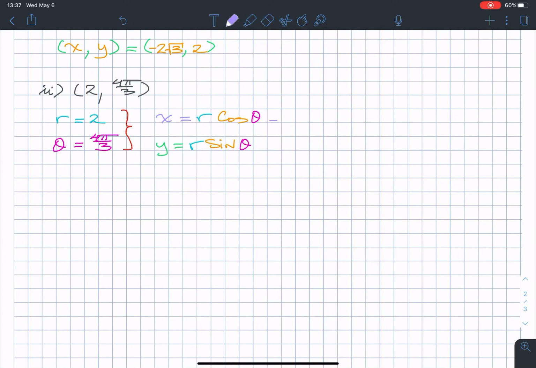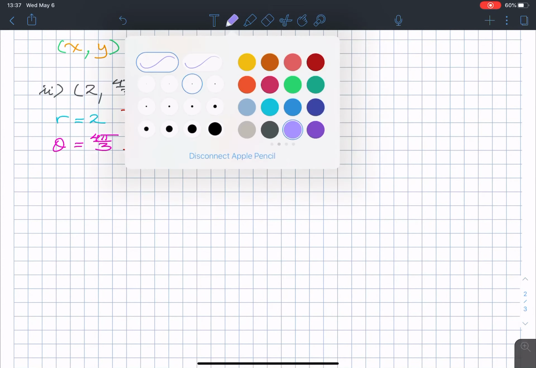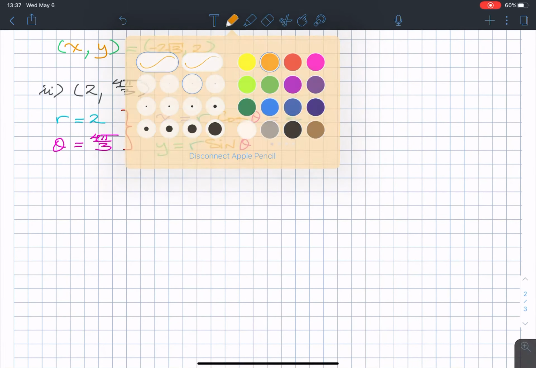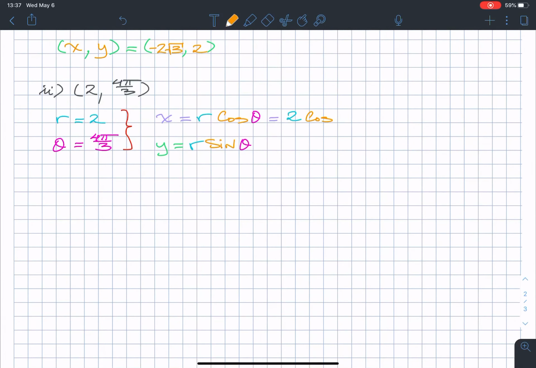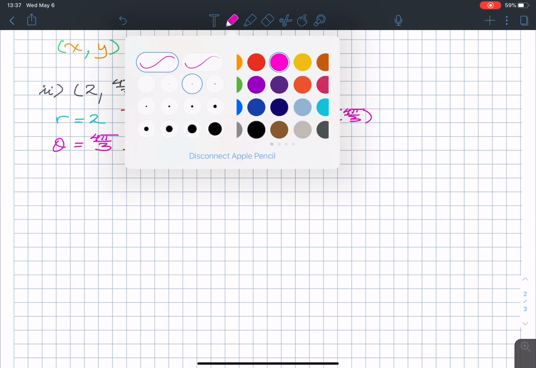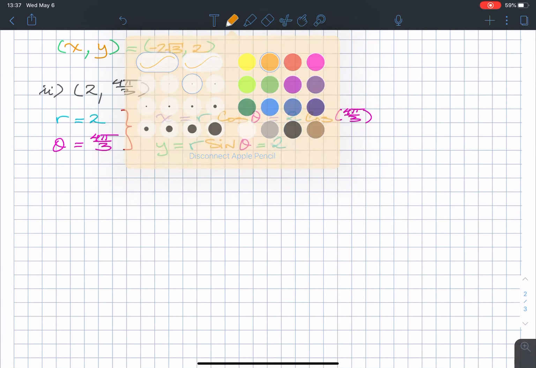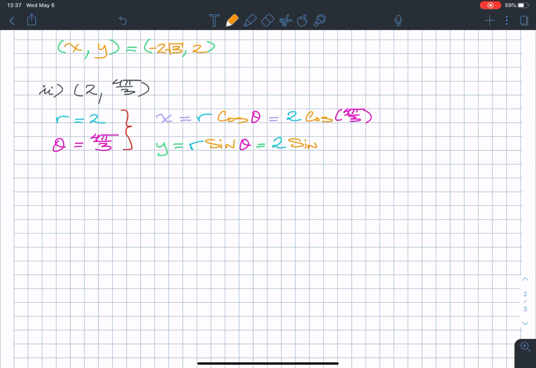So for us, this is going to be 2 times cosine of 4 pi over 3 for x, and it's going to be 2 times sine of 4 pi over 3 for y.